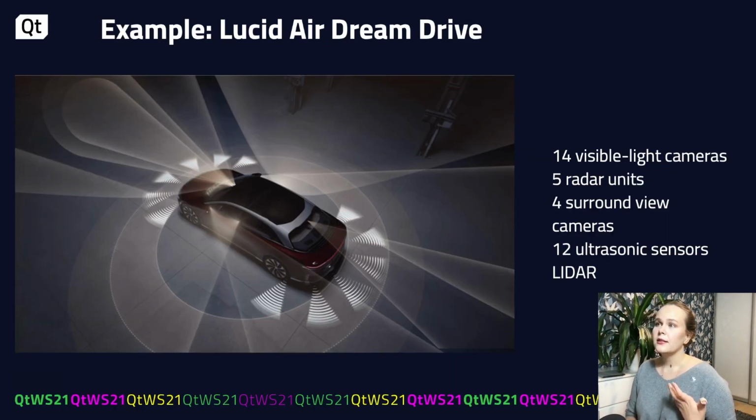Let's take a look at this example. So here are some stats from an electric vehicle manufacturer, Lucid Motors, and their recent release, Dream Drive, for their Lucid Air vehicle.